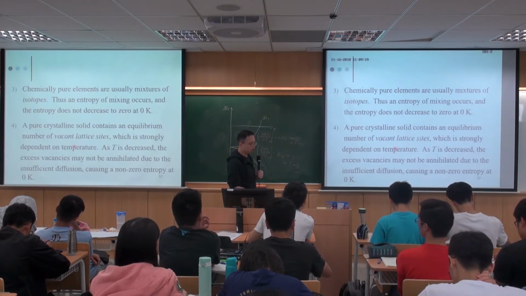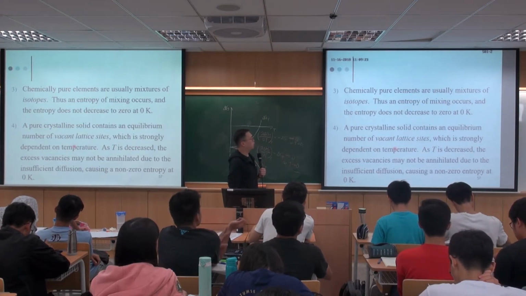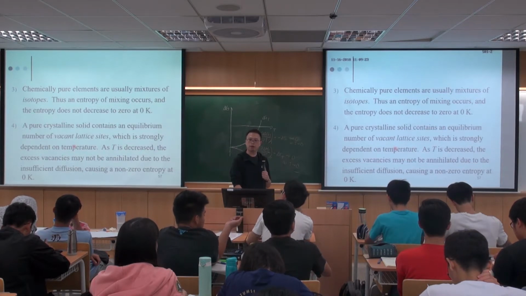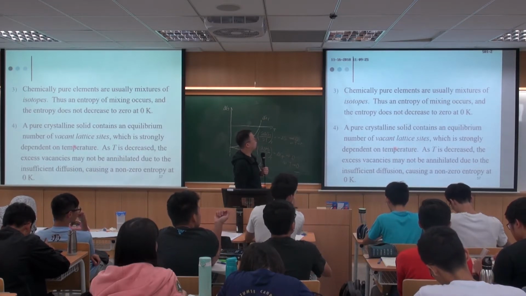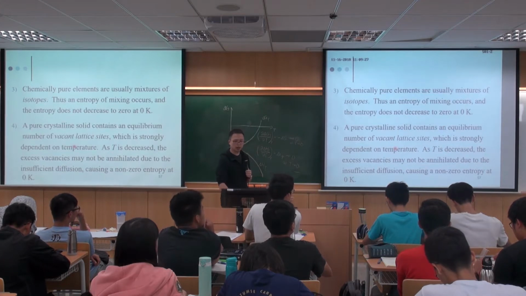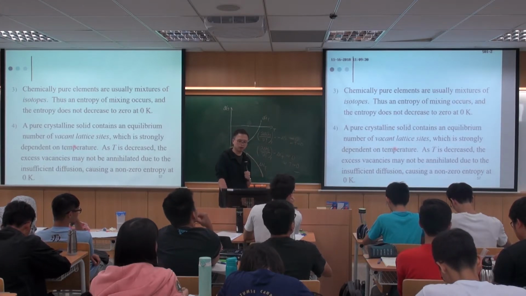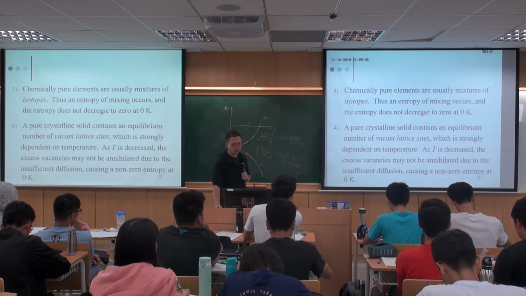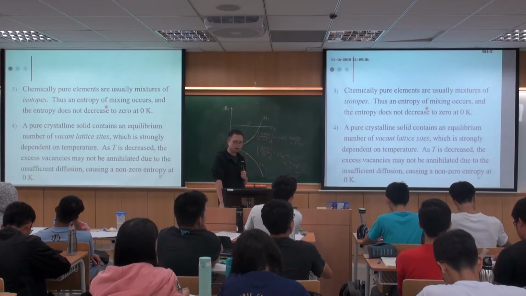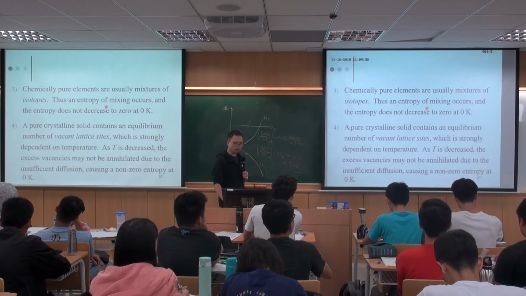Therefore, even when you cool down to 0 temperature, you can have a finite number of multiplicity. Therefore, the entropy of mixing can occur even at 0 temperature. So the entropy does not really decrease to 0 at 0 Kelvin. And only a pure crystalline solid can do that.